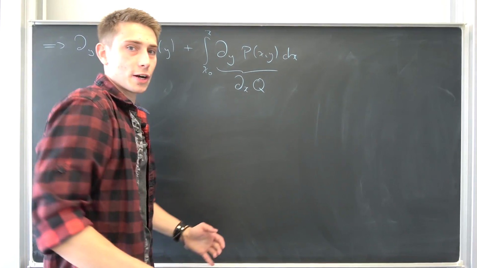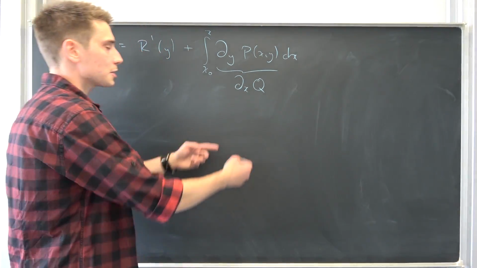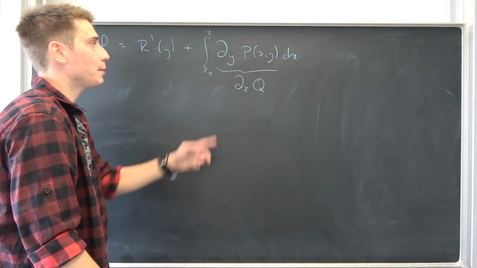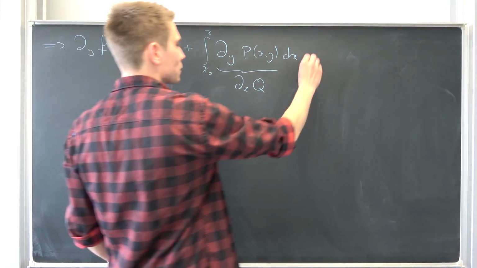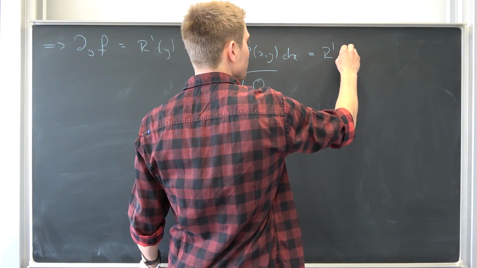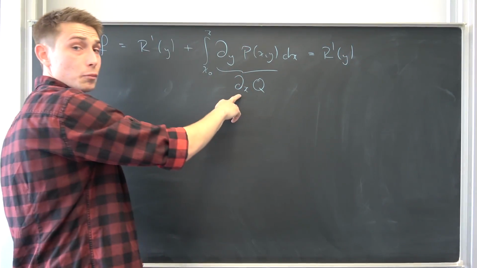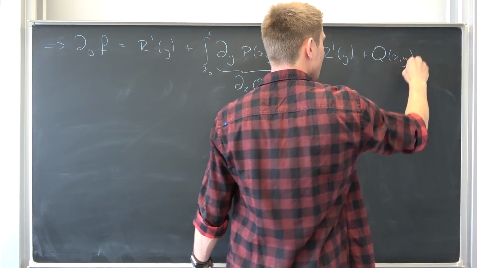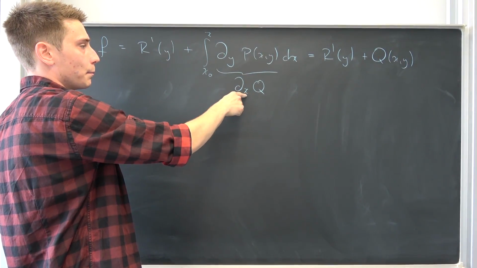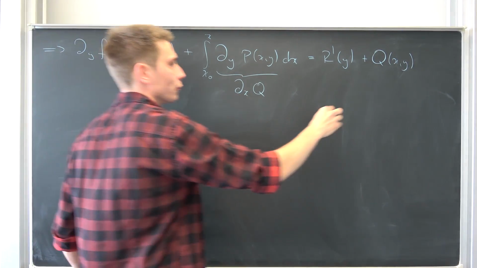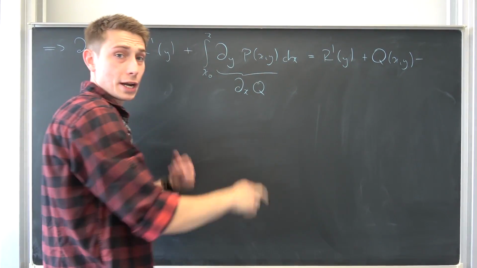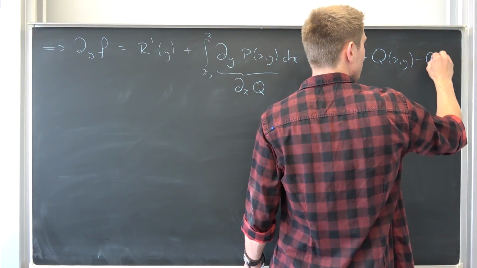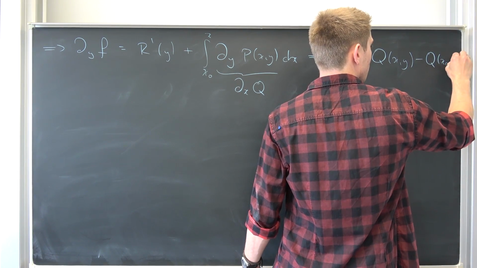If we differentiate a function and then integrate it in the same variable, we just get this function in itself with the upper and lower bounds plugged in. So this thing is going to evaluate to r prime of y plus q of x comma y, minus q of x0 comma y. That's the second part of integration, I'm terribly sorry.